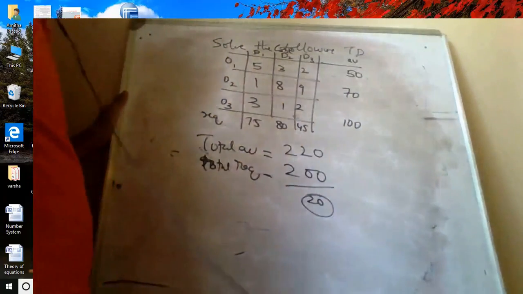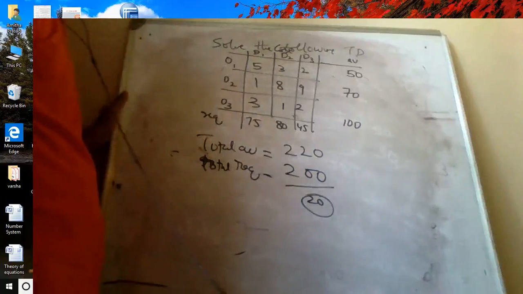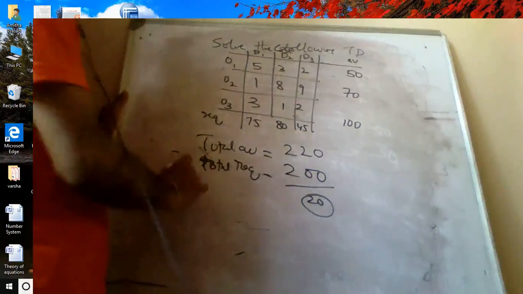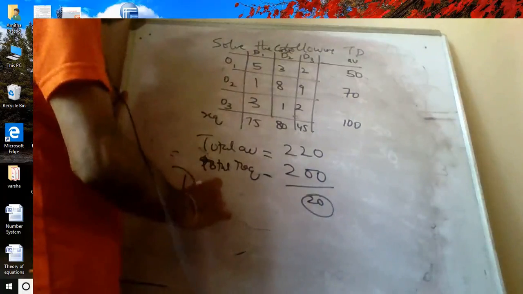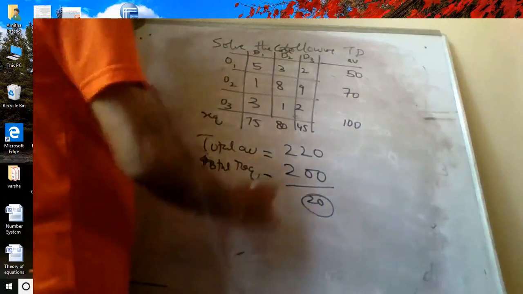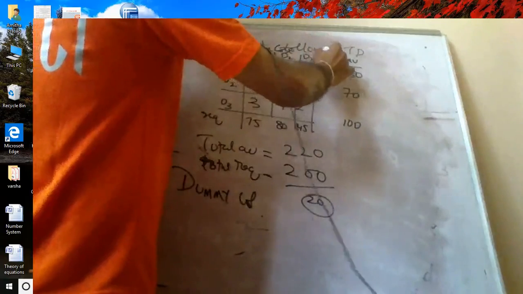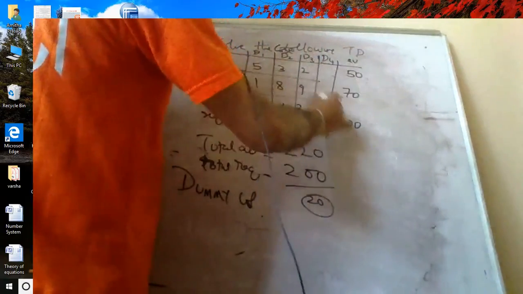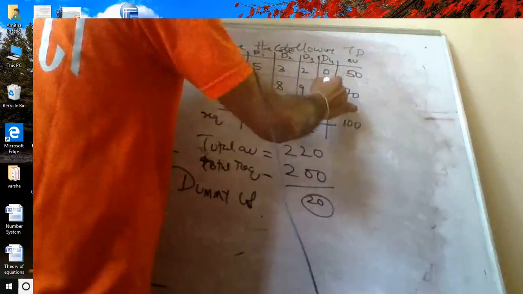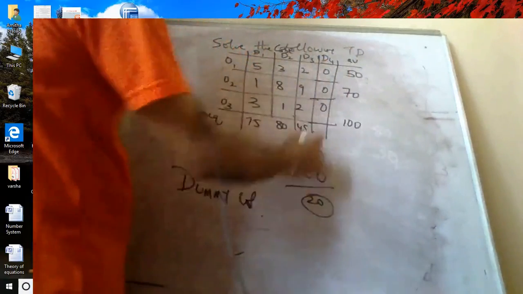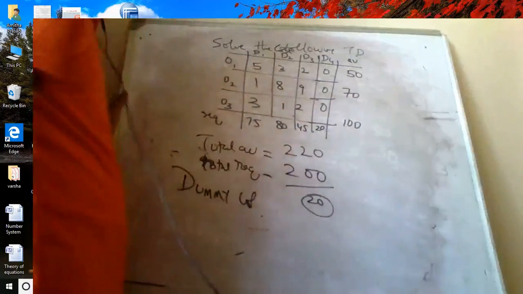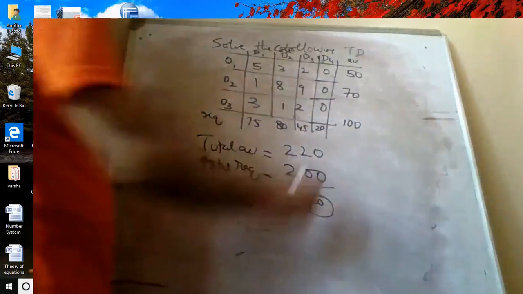So 20 is less for requirement. Therefore, you should add one dummy column. So add one dummy column D4 with all values 0 and requirement 20. You can observe the problem is balanced now.